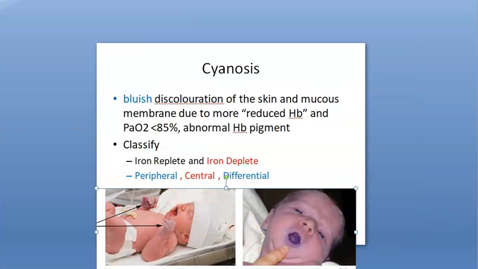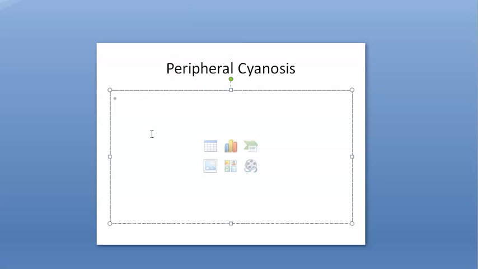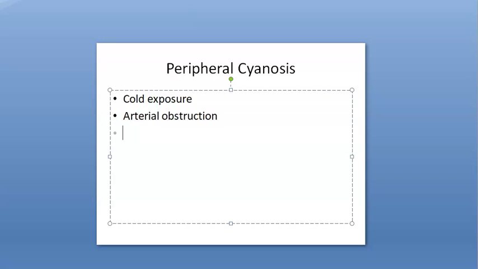And why does peripheral happen? Anybody on earth will be able to guess why peripheral cyanosis happens, right? Because of cold exposure, as simple as a cold exposure, or an arterial obstruction, or a venous obstruction.